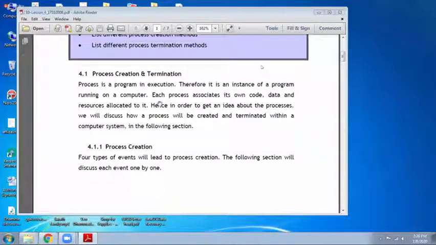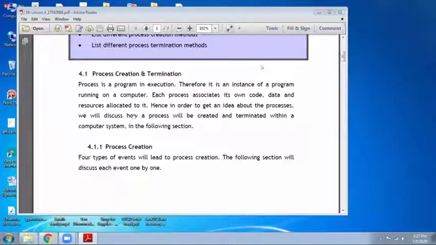Okay. So each process is associated with what? What do you have in a process? Its own code, data, and resources allocated to it. So you should know, if somebody asks what a process is in an operating system, you should be able to describe it.